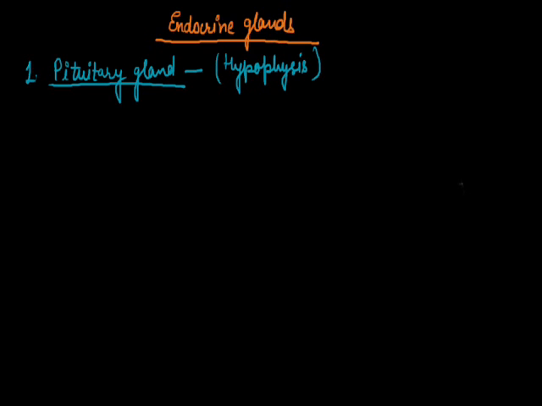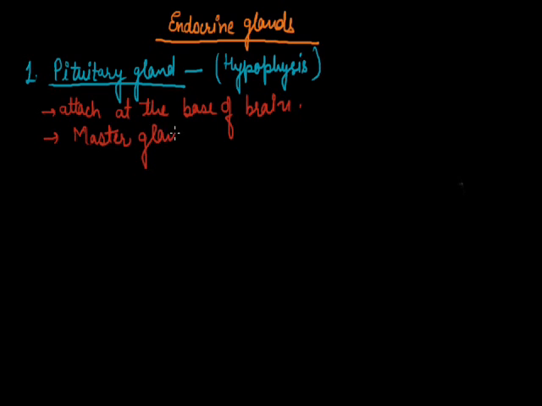It's a small ovoid structure attached at the base of the brain. Because it can control all kinds of endocrine glands, it is called the master gland. It can liberate various hormones, so the hormones released by the pituitary are as follows.